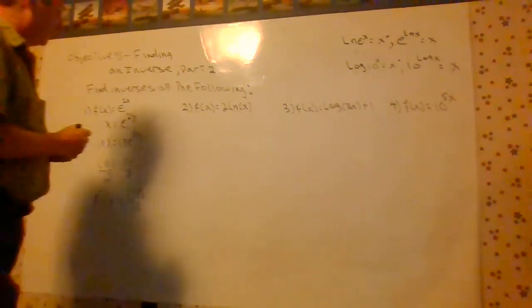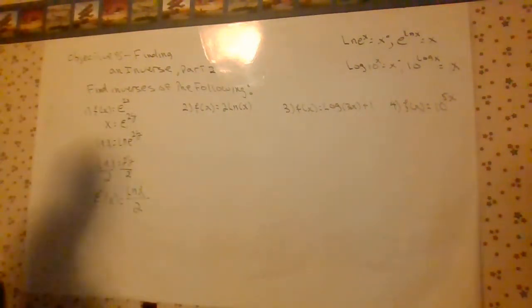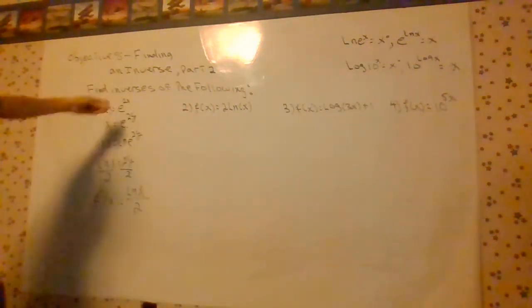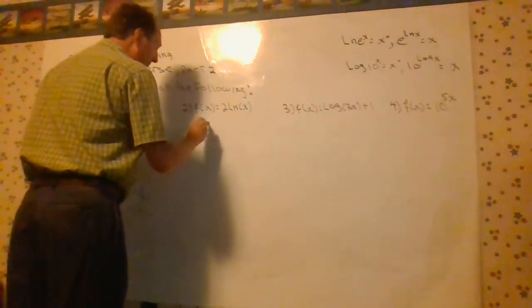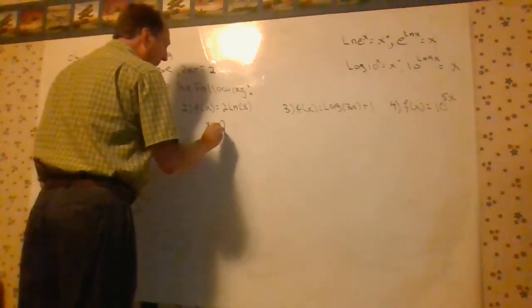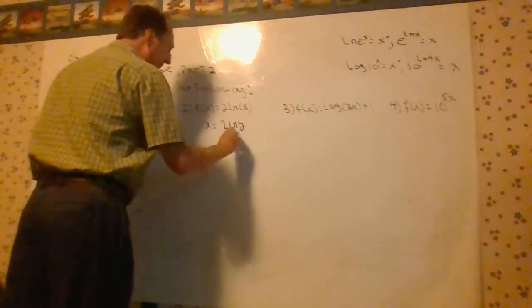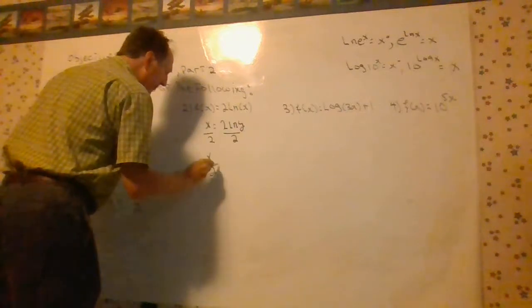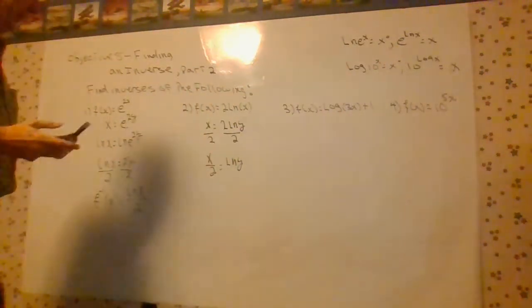Our next example is we have 2 ln of x, and as you may expect, we're probably going to have an e in the answer. It's going to look something like this, but not exactly. So we say x equals 2 ln y, and we have to divide by 2, and it gives us x over 2 equals ln y. Then how do we get rid of the y?